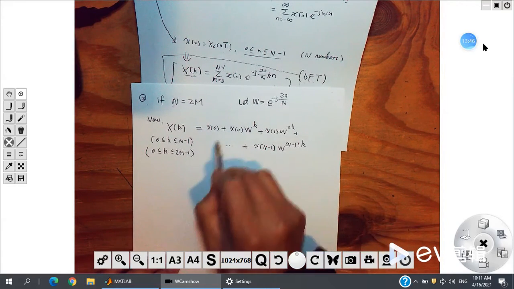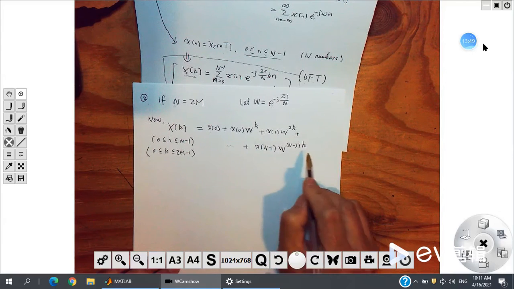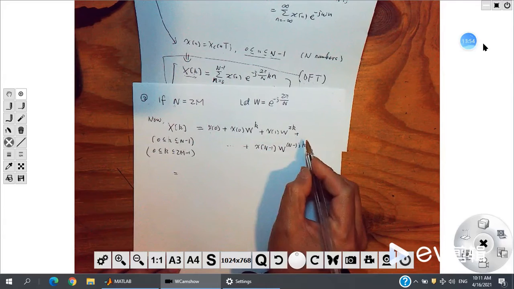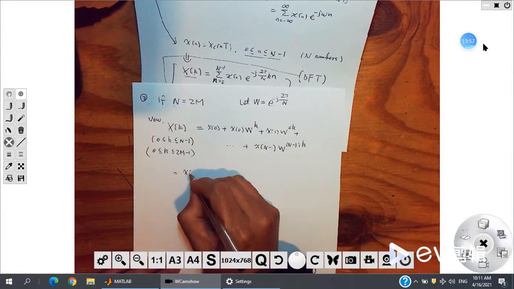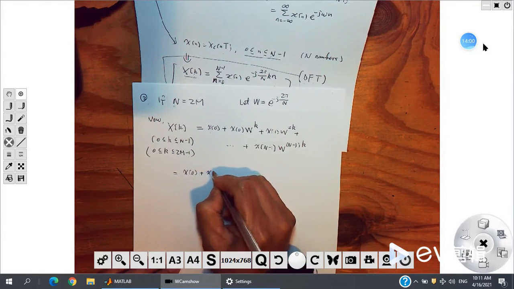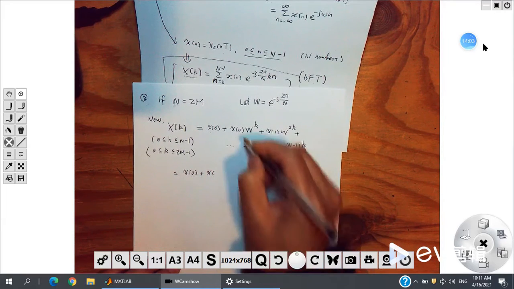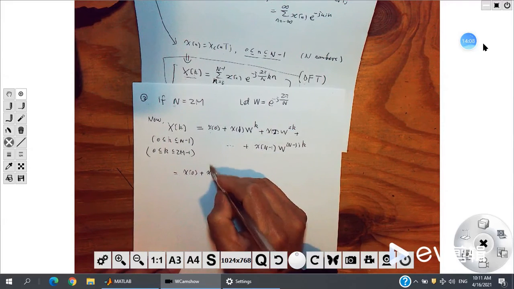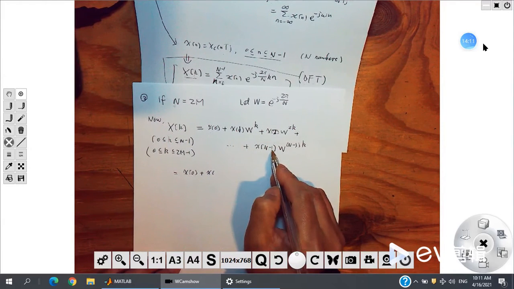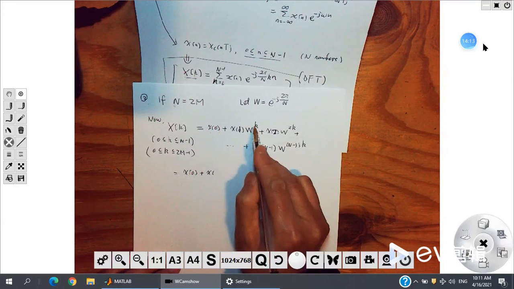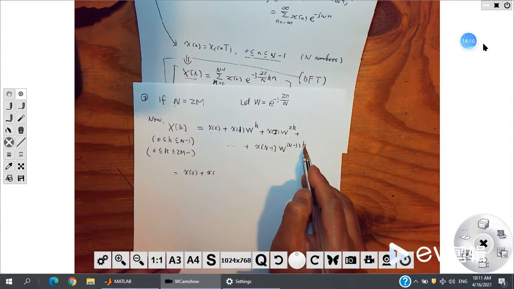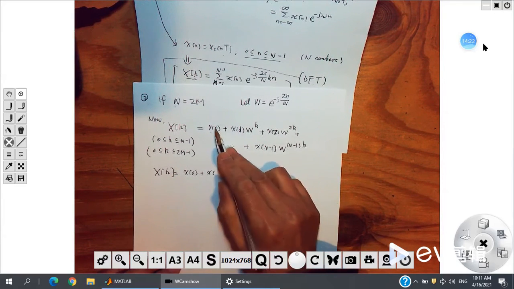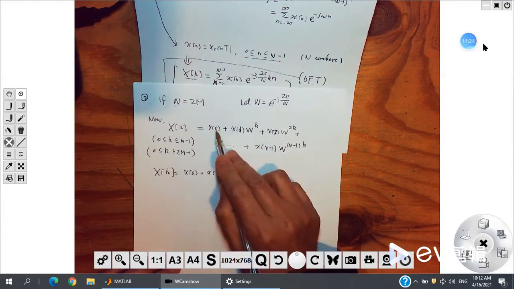We separate the whole summation into 2 parts. The first part is the even terms, and the second part is the odd terms. So it is x of 0, x of 1, x of 2, until x of n minus 1, and the powers are 0, k, 2k, until n minus 1 times k. I put this again: the first term, then all the even terms.